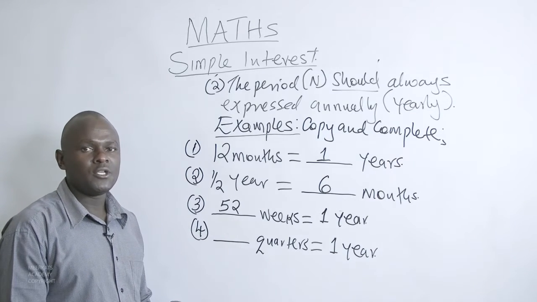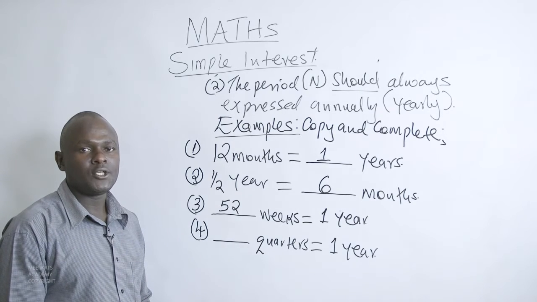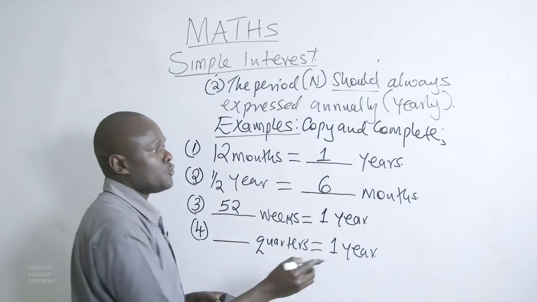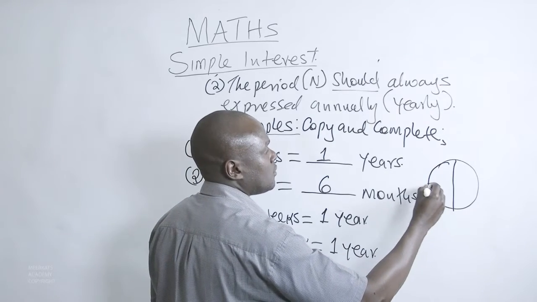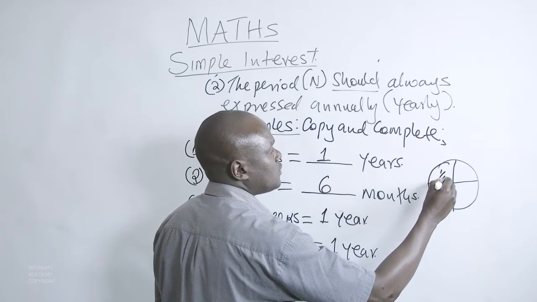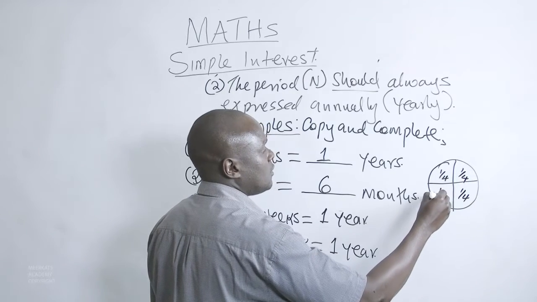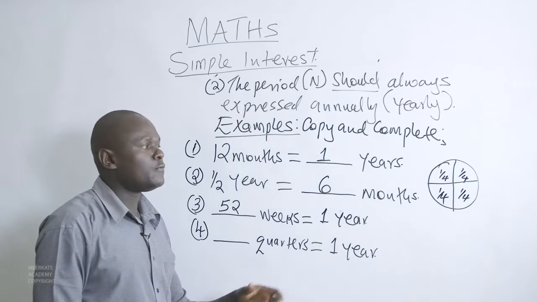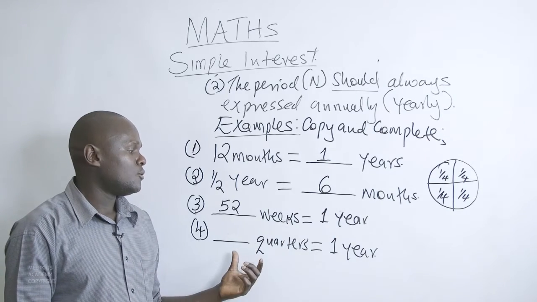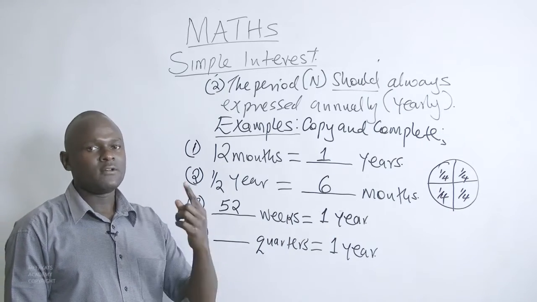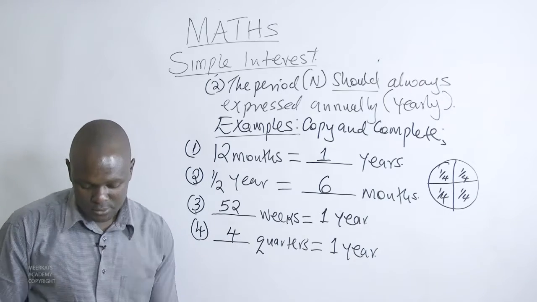A whole unit, when it is divided into 4 equal parts, each part is referred to as a quarter. This is 1 quarter, this is another quarter, this is another quarter, and that is another quarter. So we have 4 quarters. When you add up 4 quarters, you get 1. So 4 quarters will give us a single year.